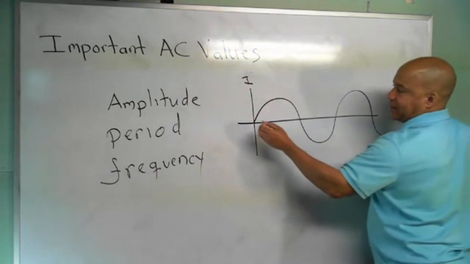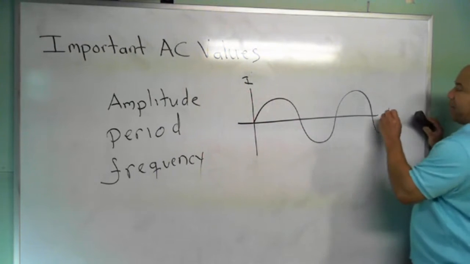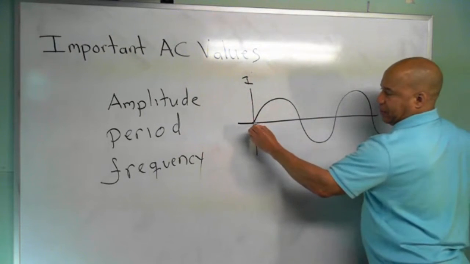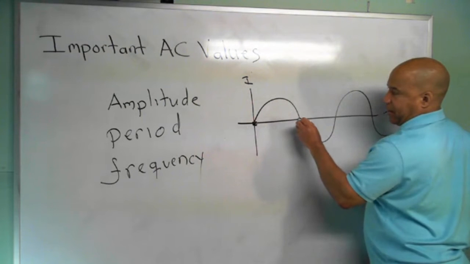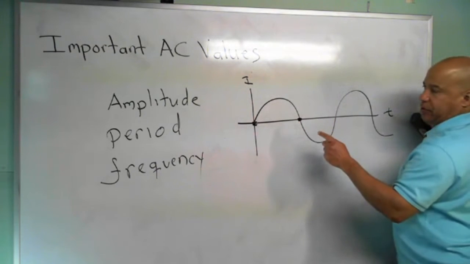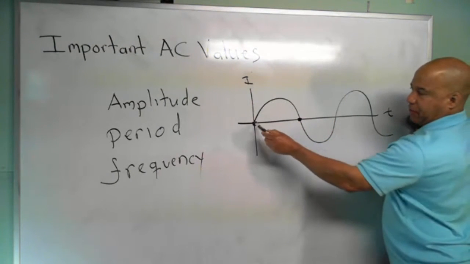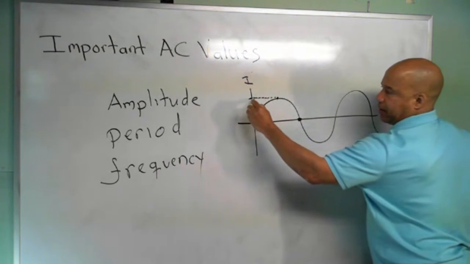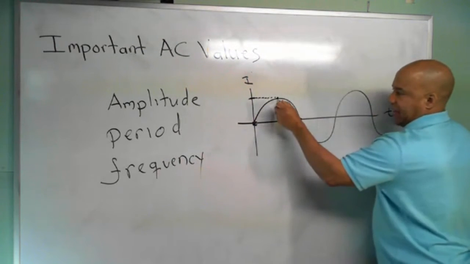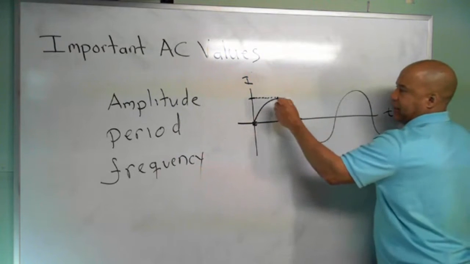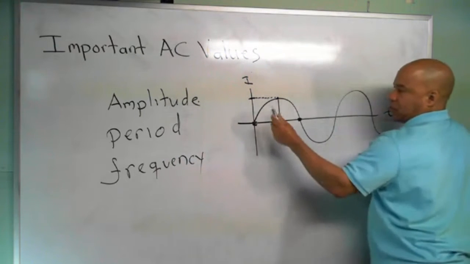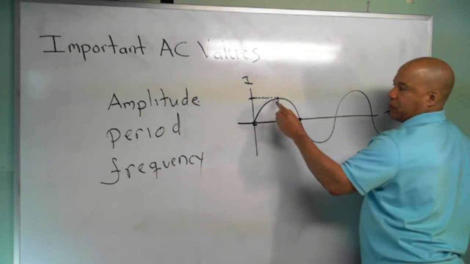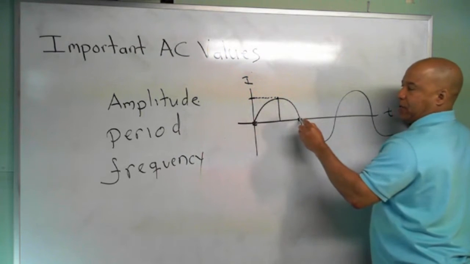What this indicates is, this is time, say from t equals 0 to whatever this time is right here. The current is doing two things. It's going from 0 to some maximum value. Here's the max value of the current. This is the amplitude. So the height there is the amplitude. So it's going from 0 to some max value back to 0.